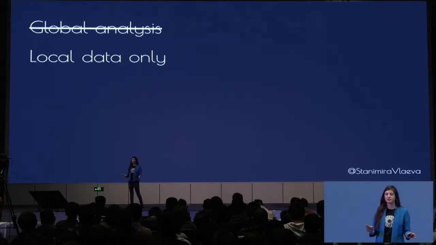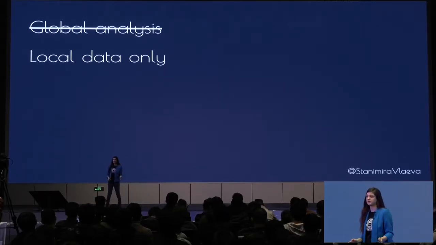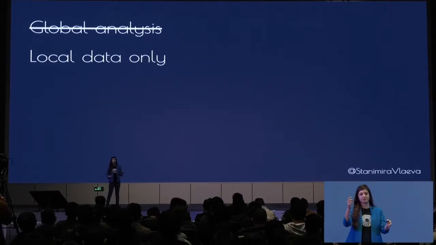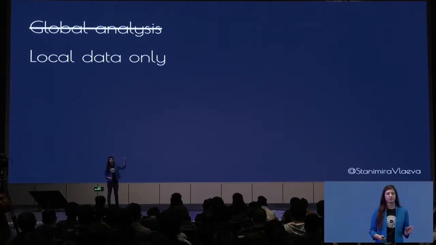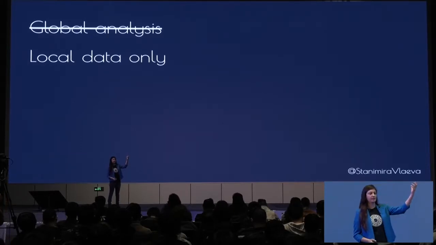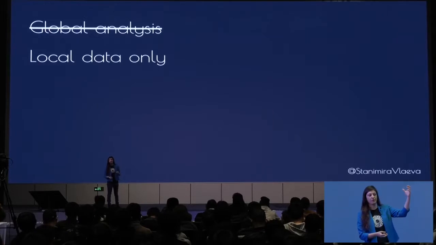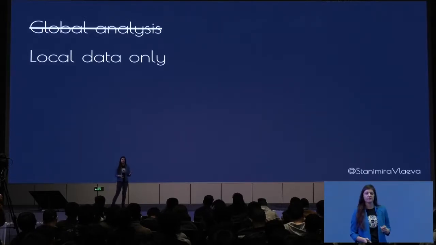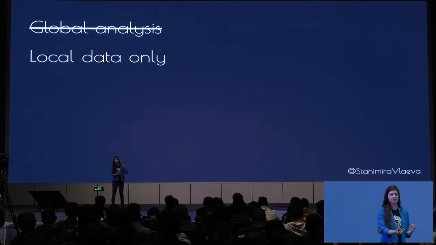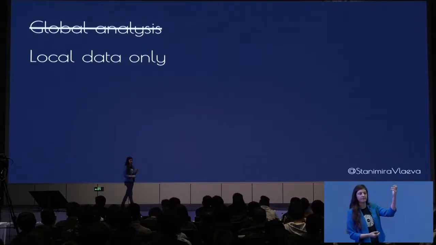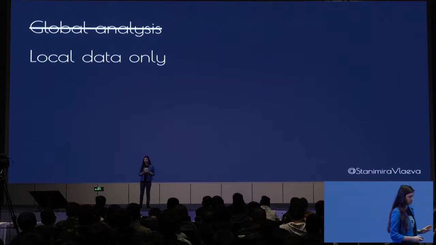Again, this is an oversimplification because, of course, one component can depend on other components. So let's imagine that we have a component A which uses component B. So it's kind of a parent of B. Of course, if B changes, we may have to recompile A. But here's the important part.